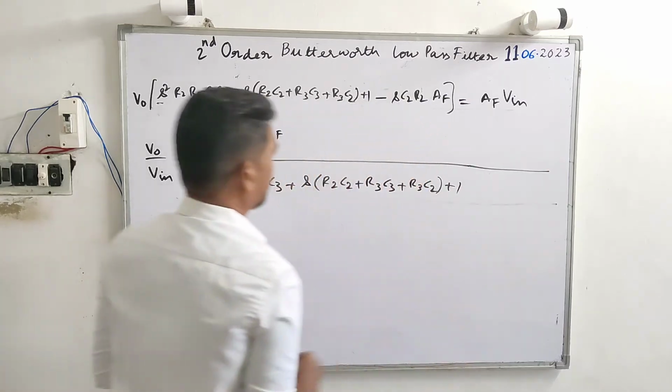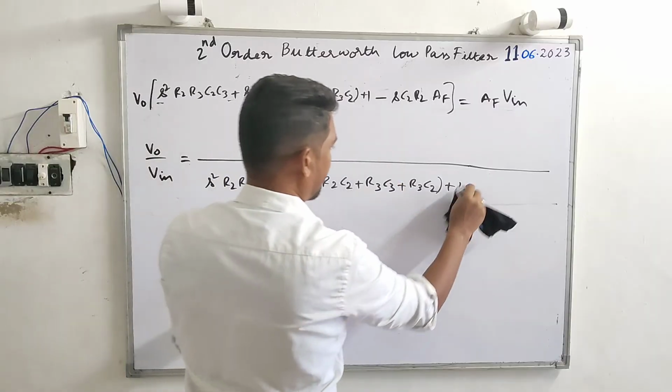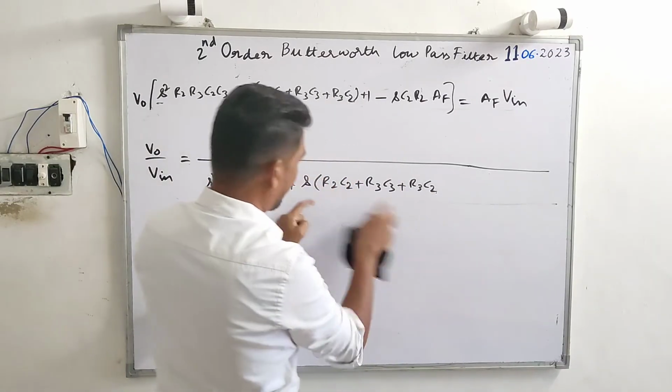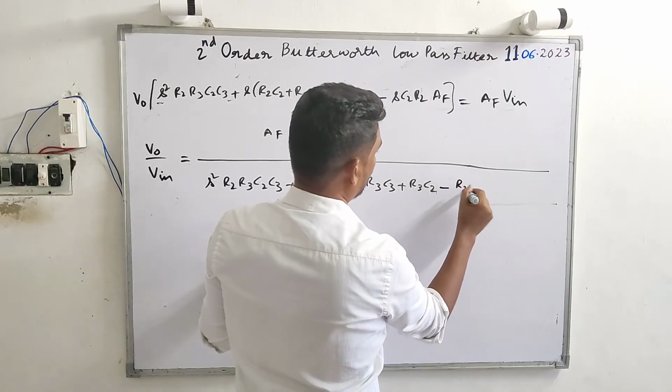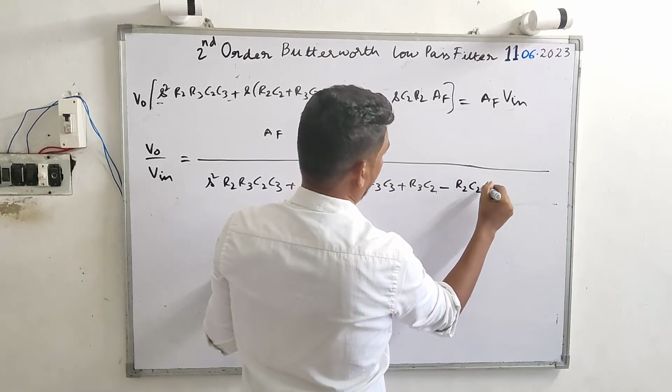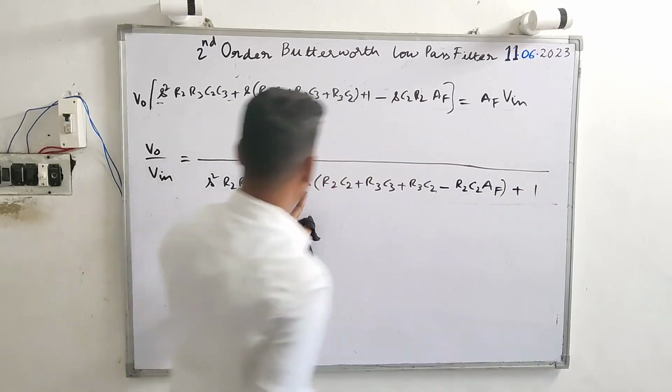Guys, one thing can be done. We have an S term over here and the same S term can be taken out. In the sense, we can extend this one. For S, taking out S as common, we have minus R2 C2 AF inside the braces, and then we can write down that plus 1.